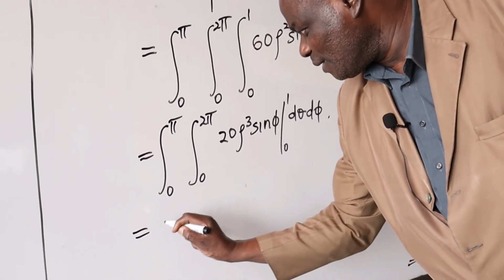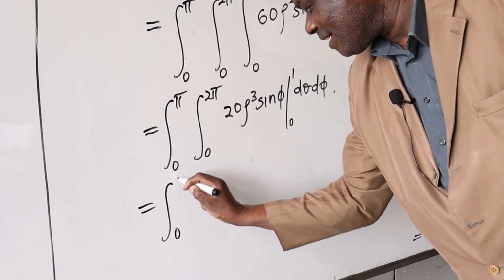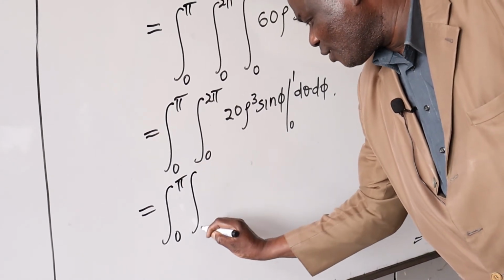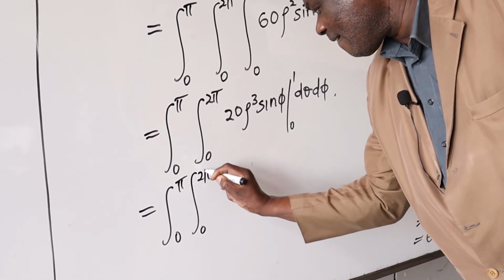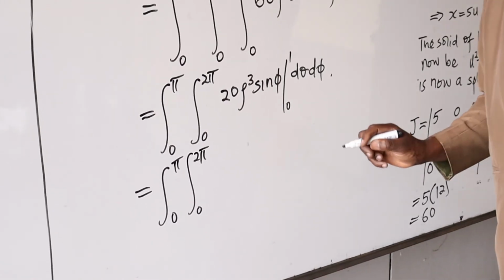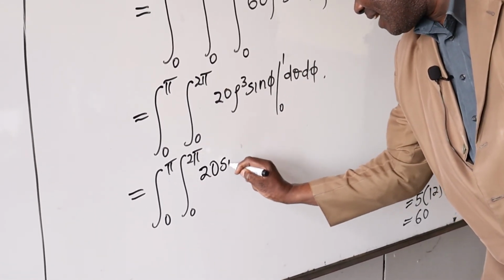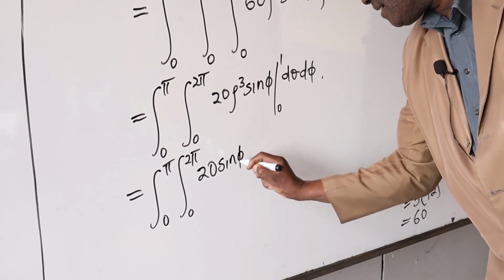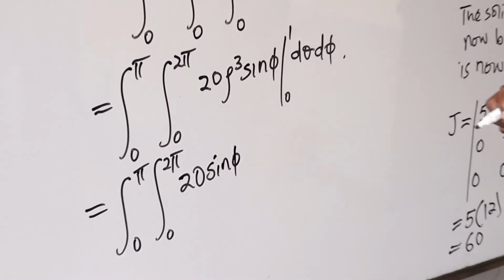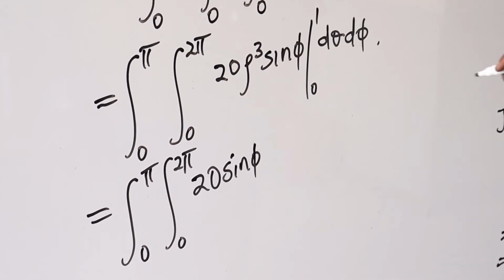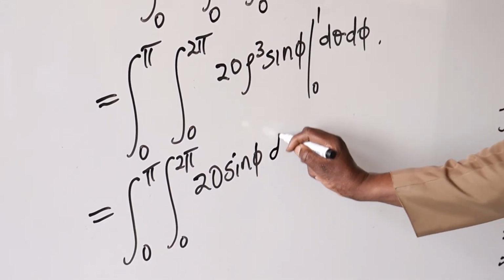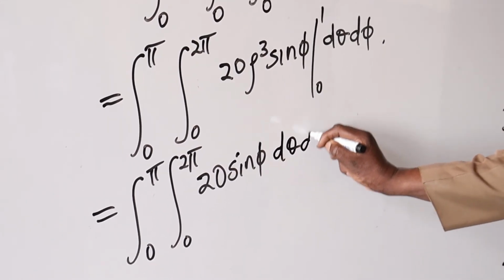This will just be 20 sine phi d theta d phi.